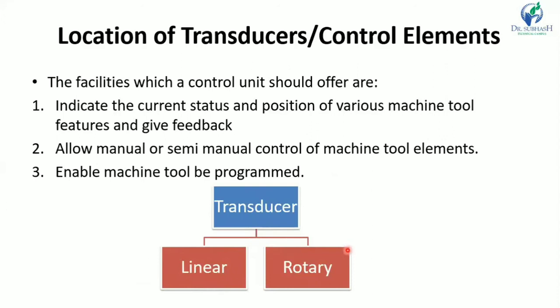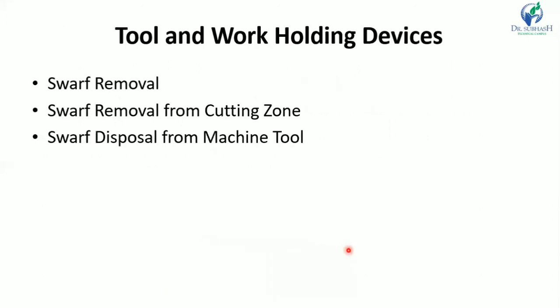The rotary transducer should be located at the driving end of the lead screw, at the free end of the lead screw, and on the nut if the fixed screw and rotating nut system is used. So these are the locations of transducers, and then tool and work holding devices.